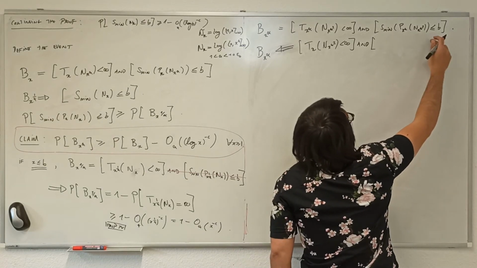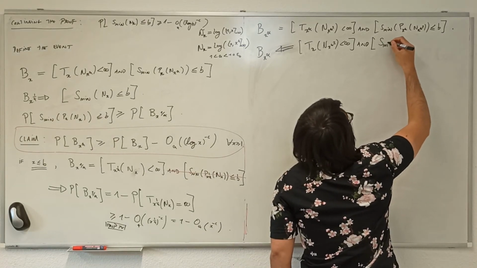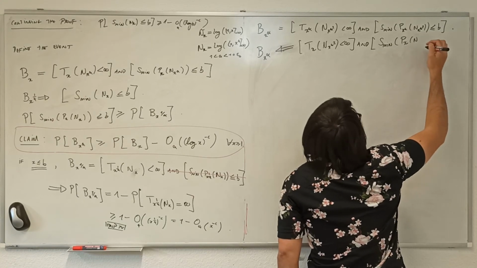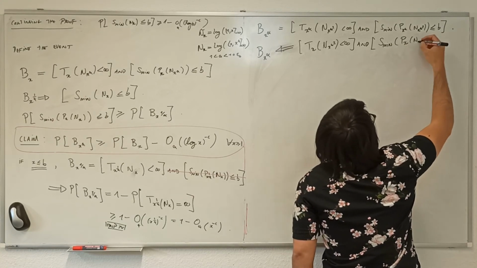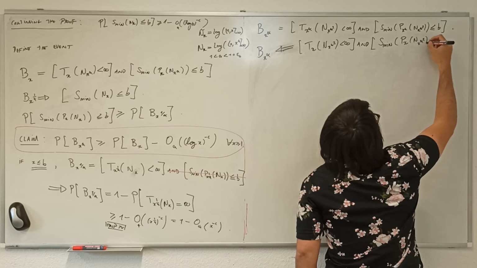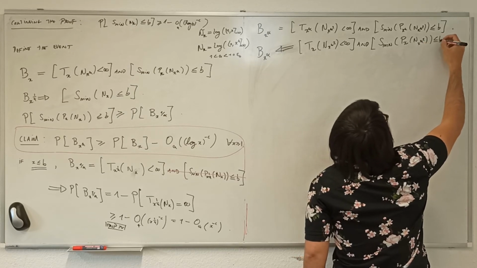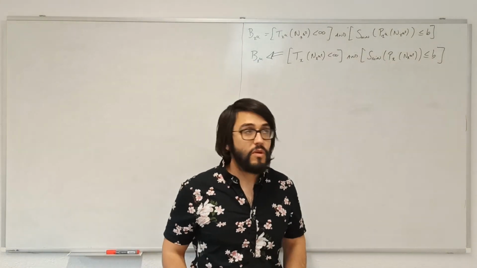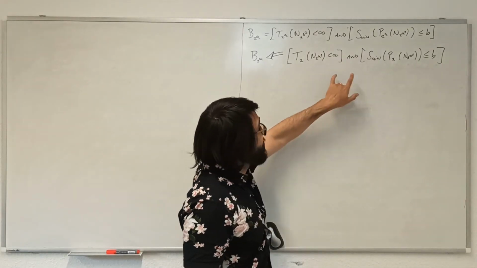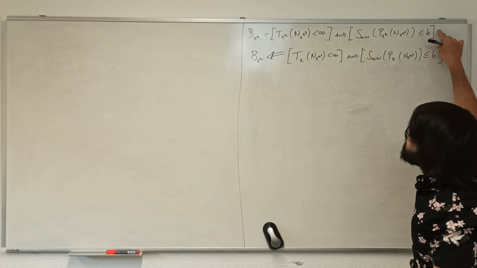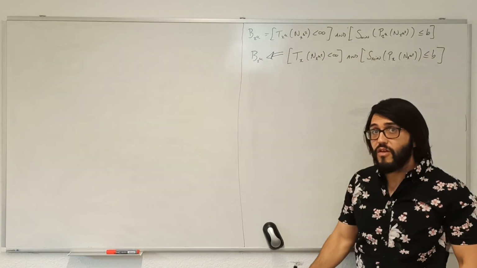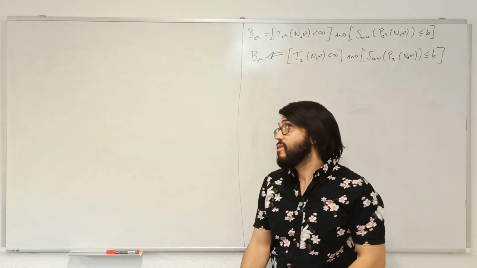So if this is less or equal than b, then definitely, because it's implying that. So okay, the reason why this event here implies the event Bx alpha is the following.